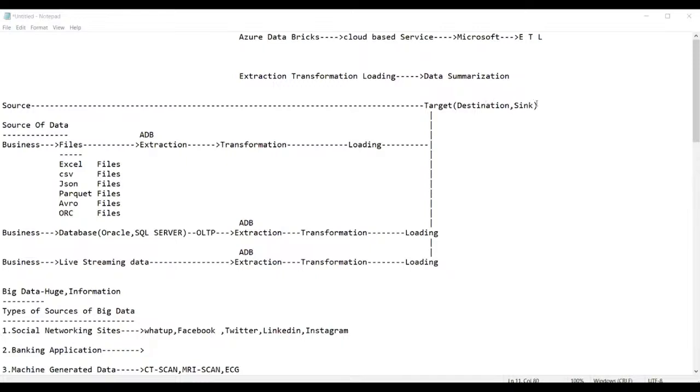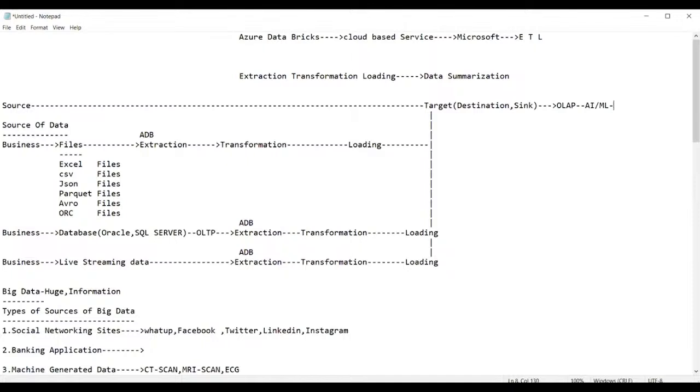Once the data is loaded into that system, the data is picked up from here, and we use a technique called OLAP, online analytical processing. Using artificial intelligence or machine learning, we apply all this further on this data. Synapse performs this type of job, focusing more on the visualization of the data.